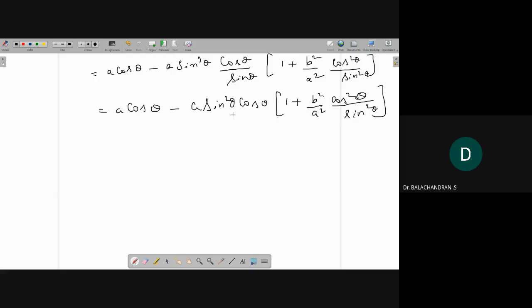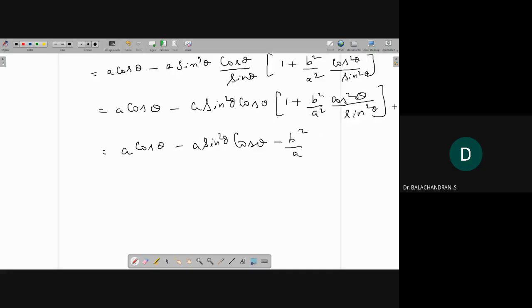So now throughout multiply by this. So you'll get a cos theta minus a sine square theta into cos theta. If you multiply these two, sine square theta gets cancelled, a gets cancelled. So minus b square by a into sine theta into cos cube theta.